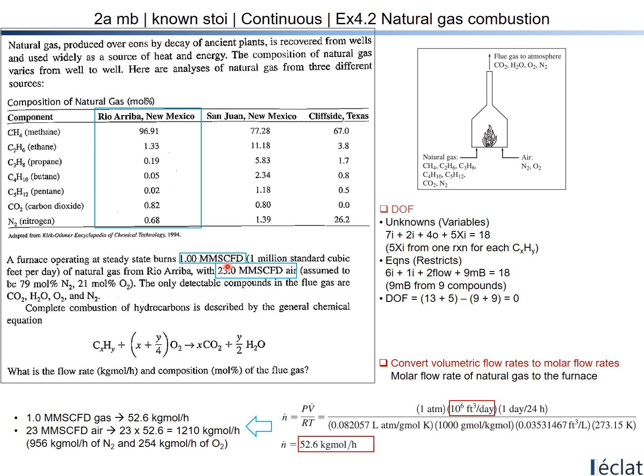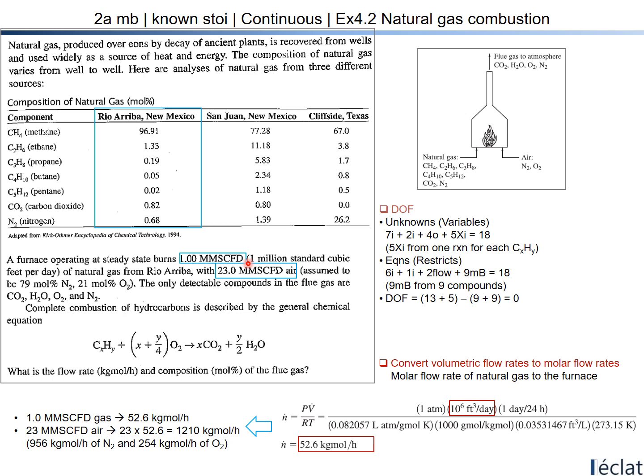The first one is the natural gas flow rate. mmSCFD is a volumetric flow rate, but it would be better to convert the volumetric flow into a molar flow rate, because we know the stoichiometric coefficients for the balanced chemical reaction equations.